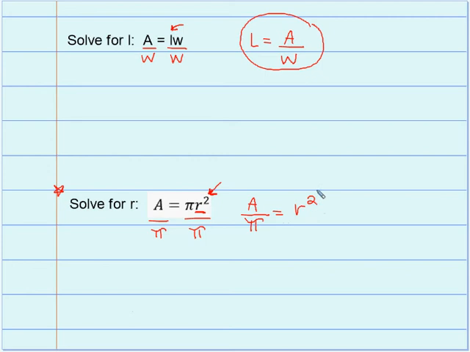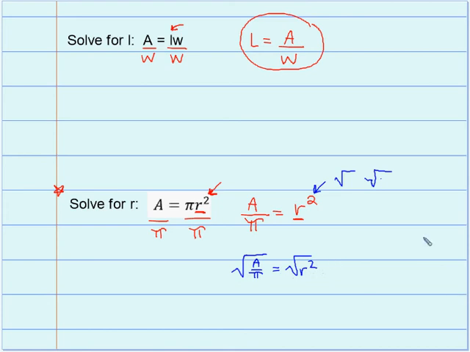Now I do not want to solve for r squared. I want to solve just for r. So to undo a square, you have to square root both sides. So we are going to write this as the square root of A over pi equals the square root of r squared.